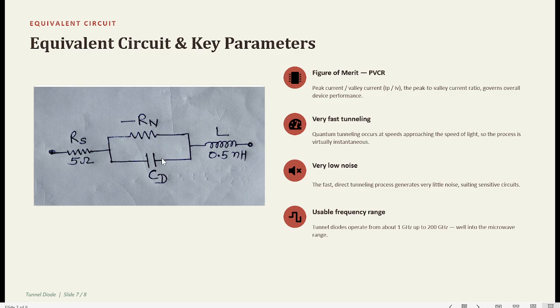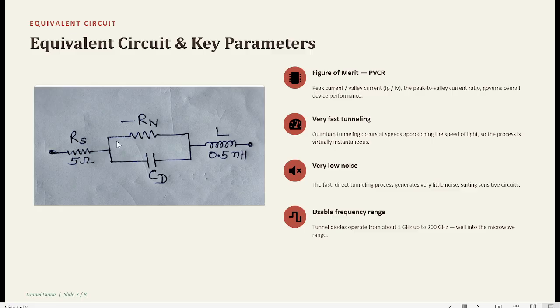Now here I have shown the equivalent circuit of a tunnel diode, which consists of the negative resistance, which is between the peak point and the valley point of the characteristics of the tunnel diode, and in parallel with that we have the diffusion capacitance, which is basically the capacitance of the diode that dominates when the diode is under forward bias.